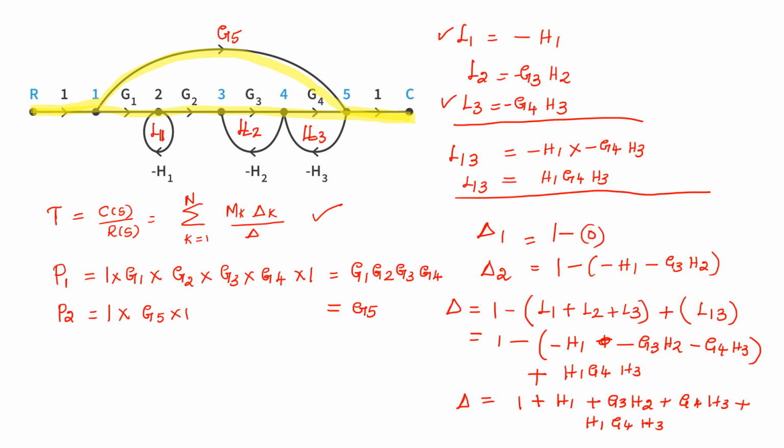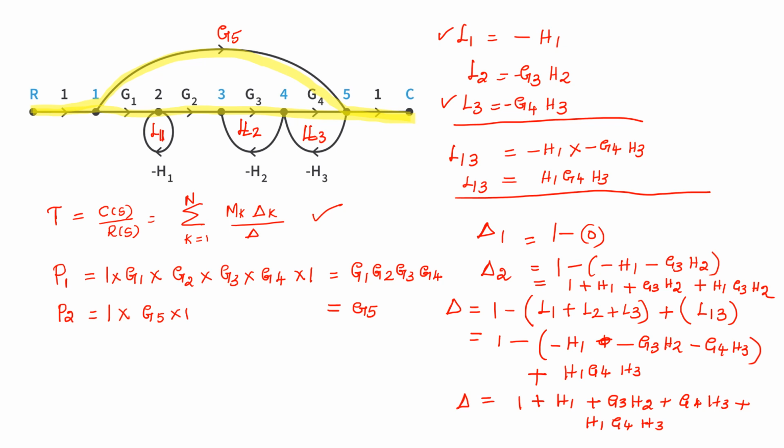What's the answer? 1 plus H1 plus G3 H2, and again the two loops are non-touching loops, so the sum of the gain product of the non-touching loops, H1 G3 into H2. Now this is over. This is delta 2.